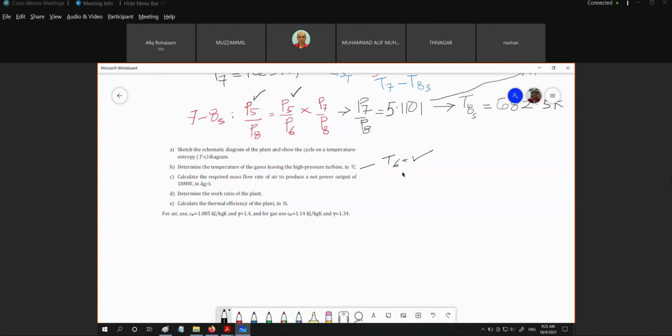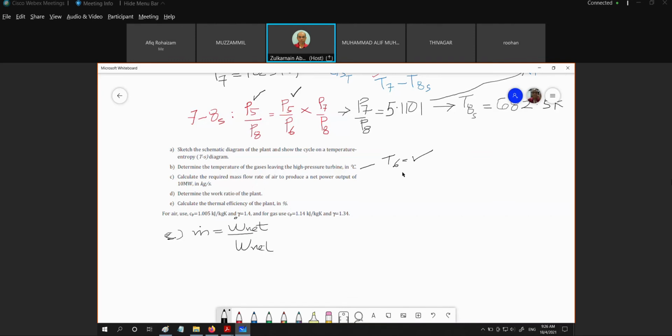The third question, calculate the required mass flow rate of the air to produce the net power output of 10 megawatt. So part C, we are going to get the mass flow rate. The mass flow rate is equal to W dot net divided by W net.